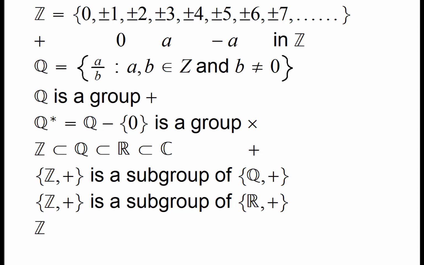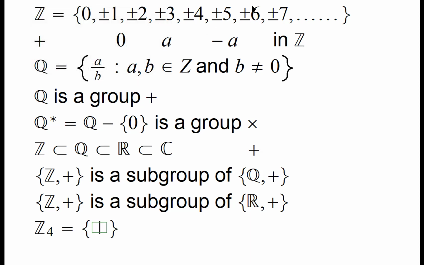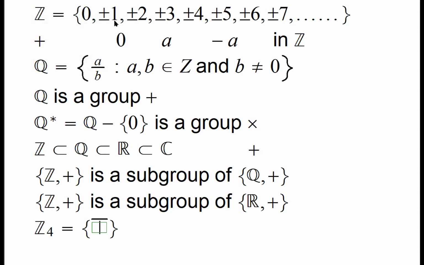So let's take a finite group. For instance, let's take the group of integers modulo 4, where, remember this, we denoted them how? We denoted them by these symbols. Let me just write it and bring it back. So these are the integers modulo 4, and this is the addition modulo 4, and this is a group.